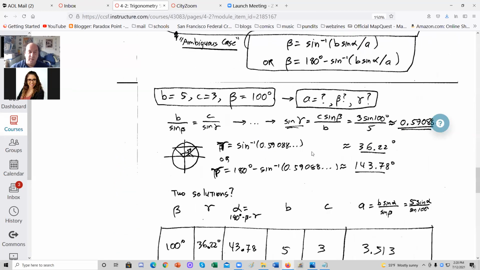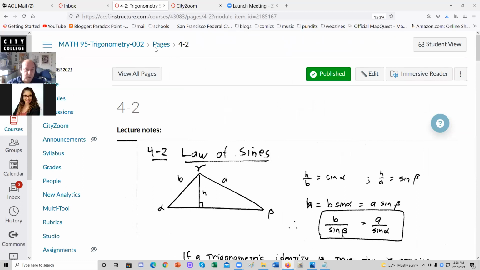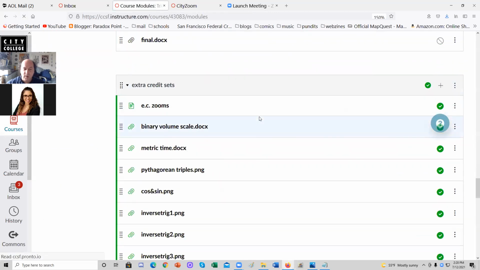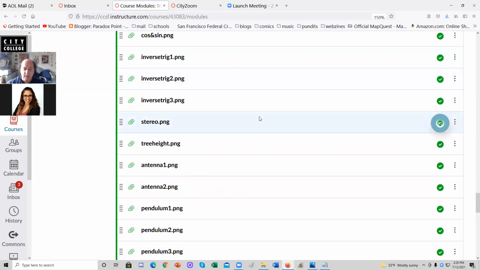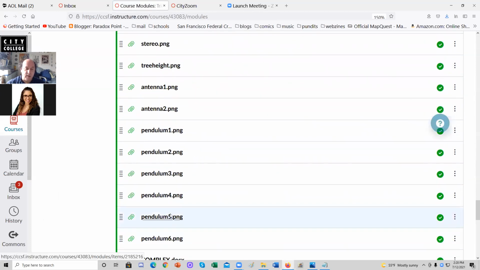Let me move on to the modules. In the modules, we go through the same thing. If you look here, you'll see that we have, where did I put it? Pendulum. This, and this, and this. These 6 pages.